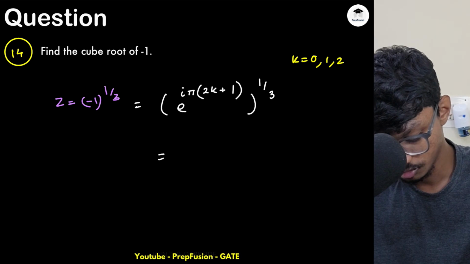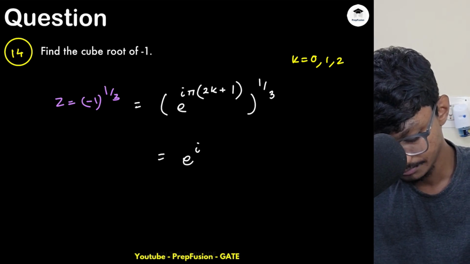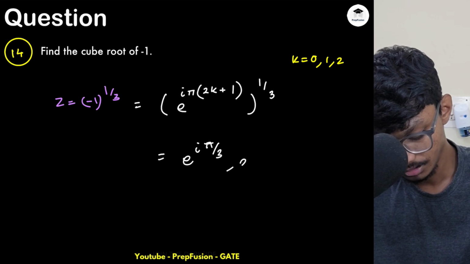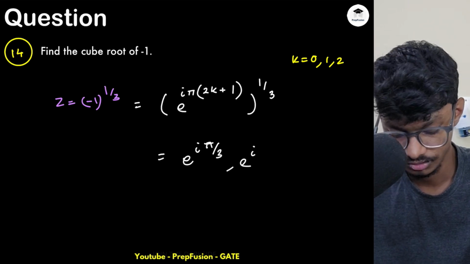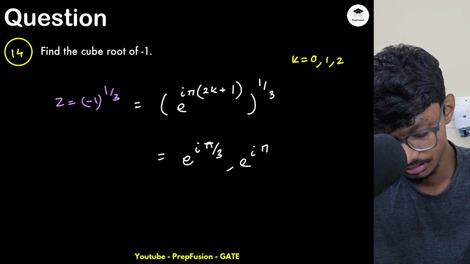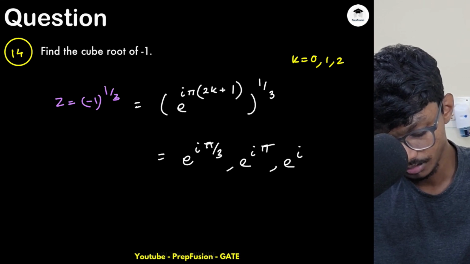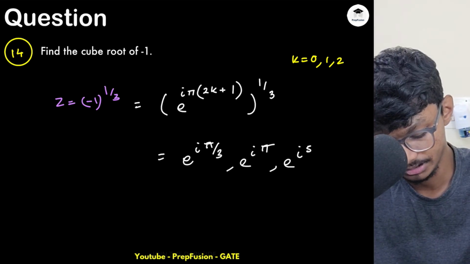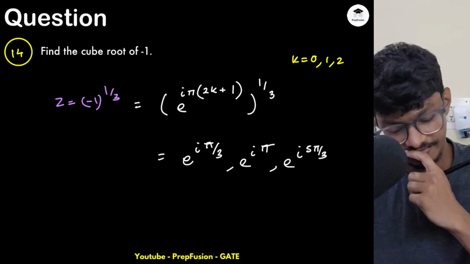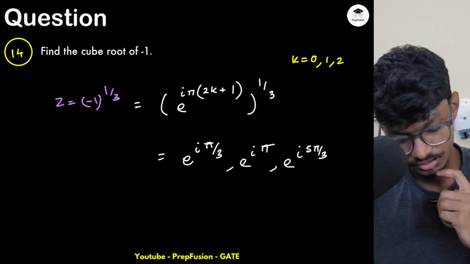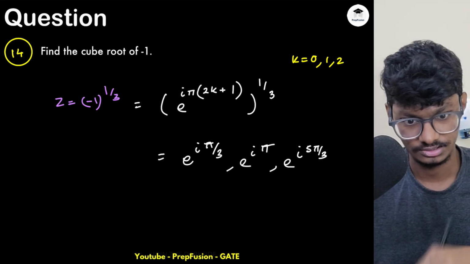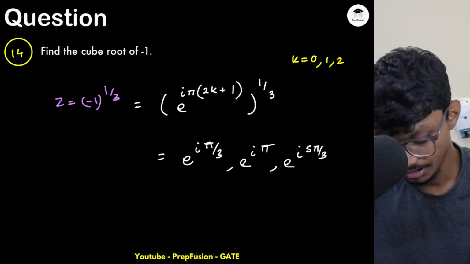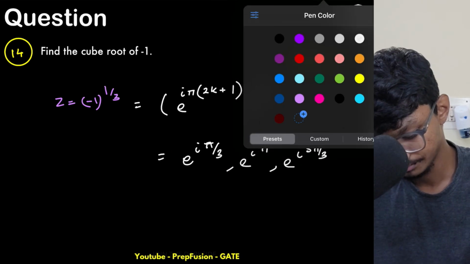So this will be e raised to power i pi by 3, then e raised to power 3 i pi by 3, which is i pi, and then e raised to power 5 i pi by 3. So what are these basically? What is e raised to power i pi by 3? I can write this here.